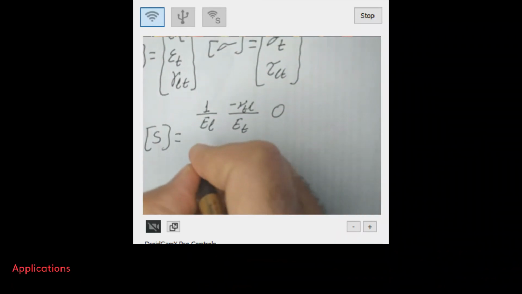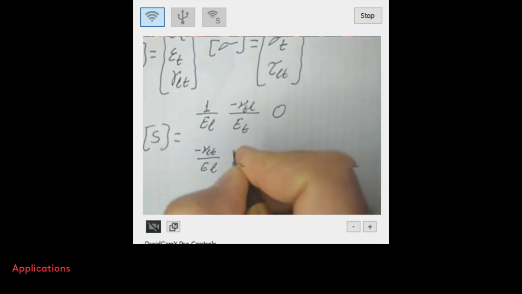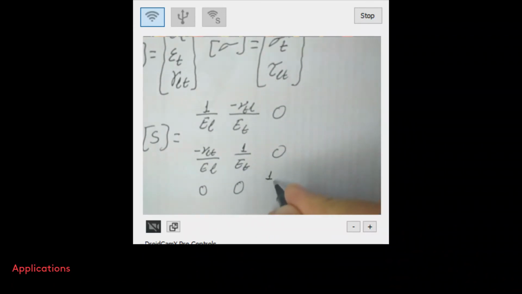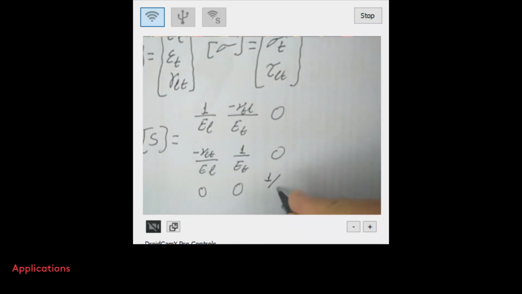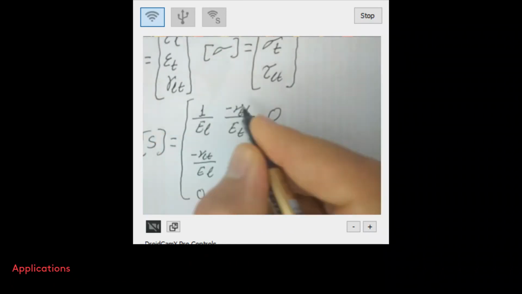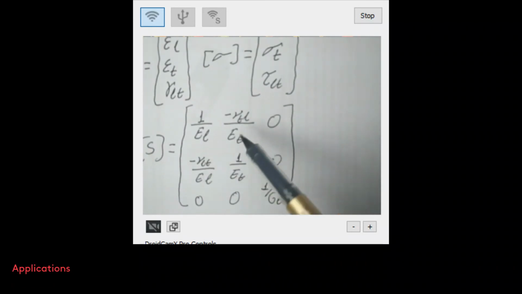So this is minus mu LT divided by EL. This is 1 over ET. This is 0. This is 0. This is 0. And this is 1 over GLT. GLT is the shear modulus. Remember that compliance has to be symmetric, so therefore mu TL divided by ET has to be equal to mu LT divided by EL. So we have another condition.